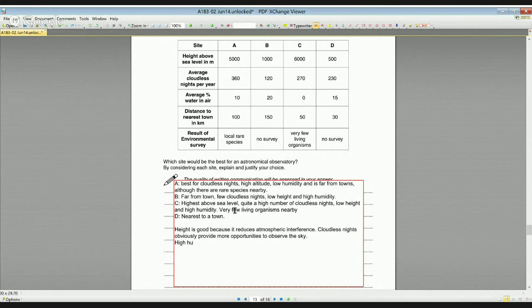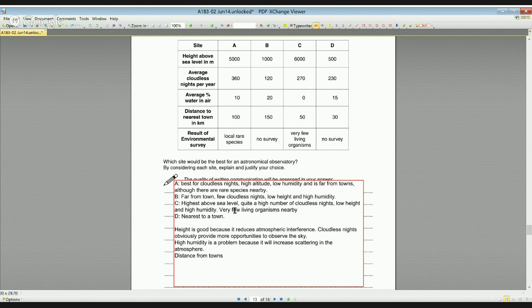High humidity is a problem because it will increase scattering in the atmosphere. That is, having that moisture in the atmosphere will increase scattering. It'll mean you won't get as clear an image of the light coming from space. Distance from towns. There's two sides of this.